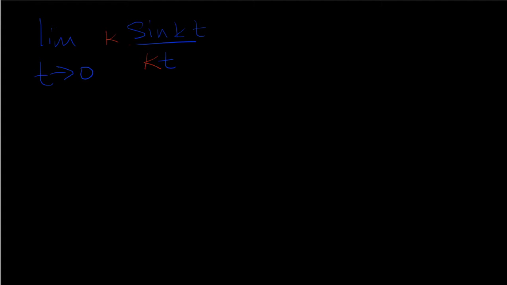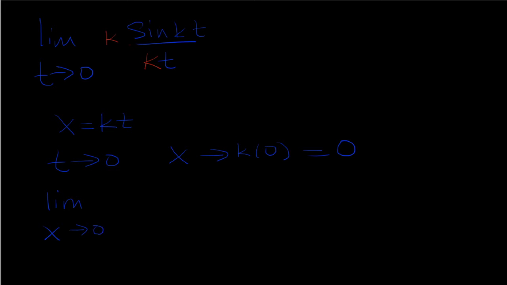So now I can let x equal kt, and as t approaches 0, x approaches k times 0, which is just 0. So I can replace t with x, and that approaches 0.